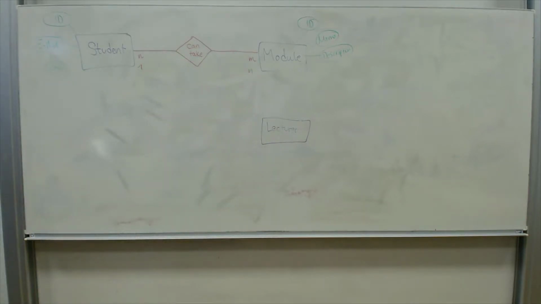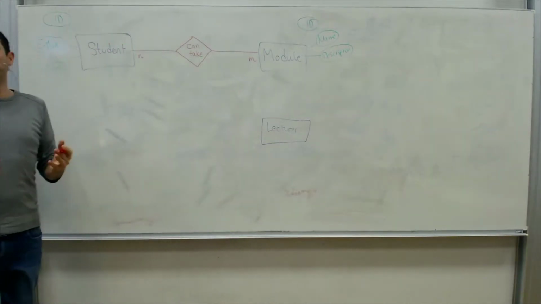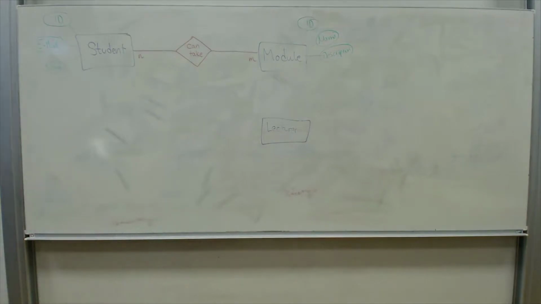That would be very insufficient and also boring. That's why we have N to M, and 1 to 1 is even worse here. That would mean we would have only one student per module, and one module can only have one student, and that wouldn't make much sense. So N to M is what you chose.